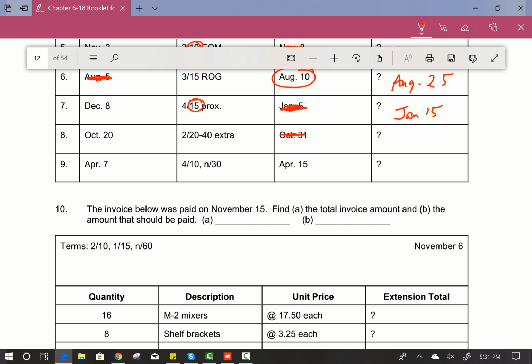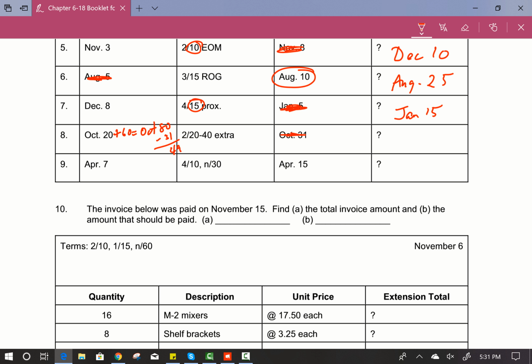October the 20th plus 60 days in the extra terms equals October the 80th, minus 31 days in October, 49 days.